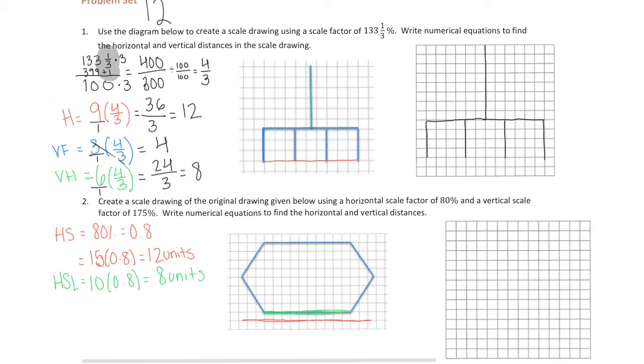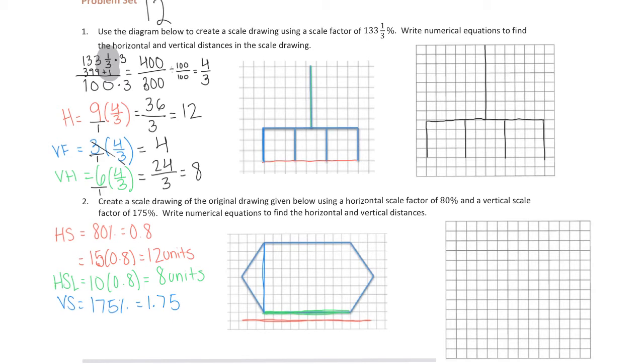And then finally our vertical. Now our vertical has a different percentage here. Okay, so our vertical scale factor equals 175%. How can I put this in decimal form? Well, I'm going to take my decimal and move it over twice, and that's going to give me 1.75. So now to find the total vertical, I need to count how many units I have from the top to the bottom.